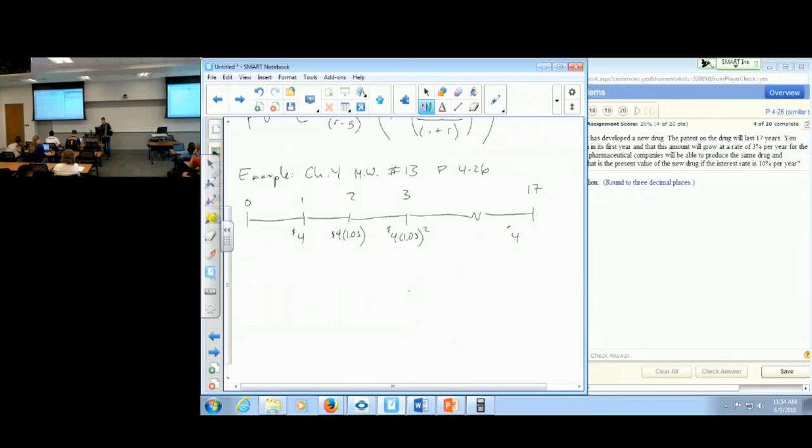Right? And if I'm mapping out that payment at the end, that $4 million payment would have grown at 3%, 16 total times. You got it, right? The superscript on your exponent is 1 below the year that it's attached to.